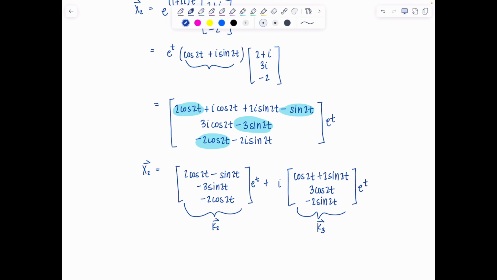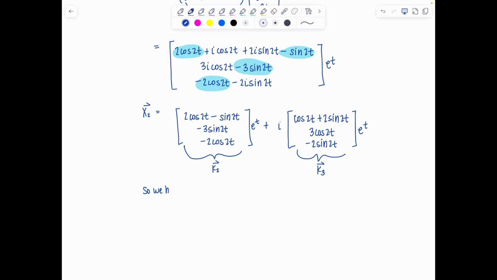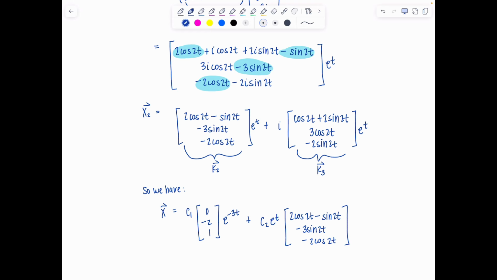Let's write it out. So we have, the real one was good, yeah? C1 e to the negative, no, put it at the end. 0, negative 2, 1, e to the negative 3t plus C2 e to the t. Then we have 2 cosine 2t minus sine 2t, negative 3 sine 2t, negative 2 cosine 2t.